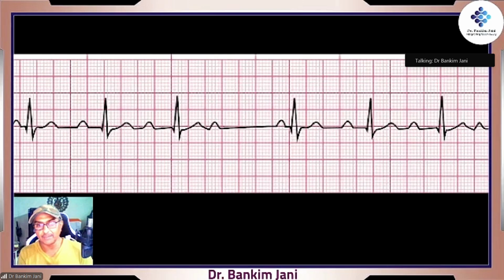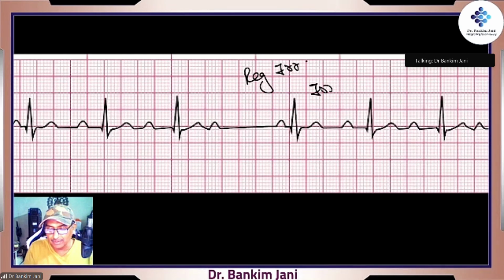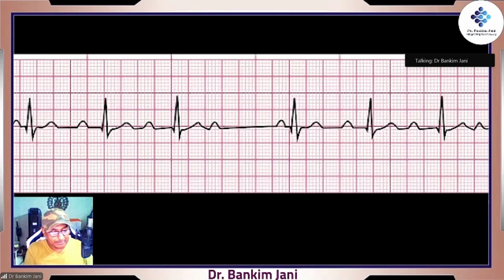When we learn clinics and take the pulse, we take the pulse with the help of 3 fingers. It is said that the pulse is regular, or if it is irregular, then there will be 2 things: whether it is regularly irregular or irregularly regular. We'll study this. But over here, at every fixed distance, there is irregularity.